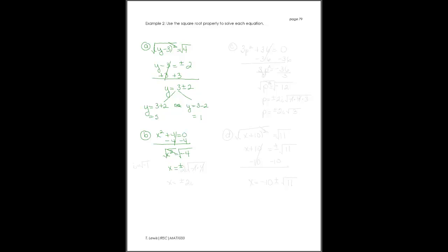And remember, we're going to take out the negative 1 factor. And remember, i is equal to the square root of negative 1. Meaning we're going to take the square root of negative 1, which is i, and the square root of 4, that is 2. So our solution is plus or minus 2i.